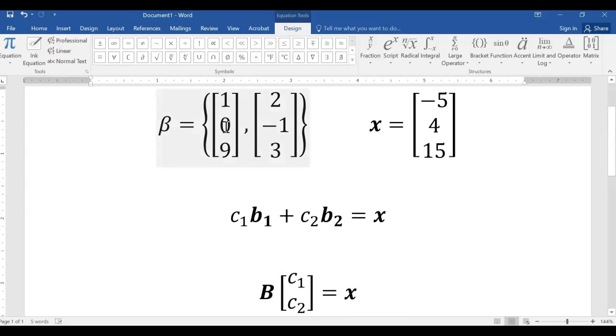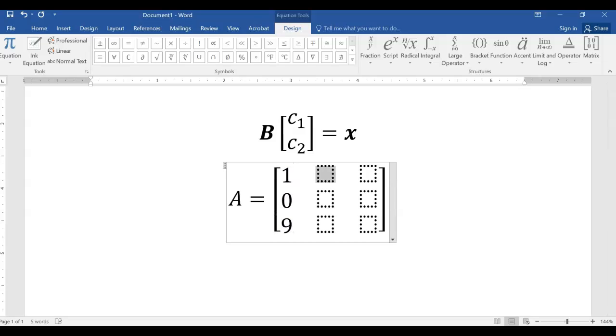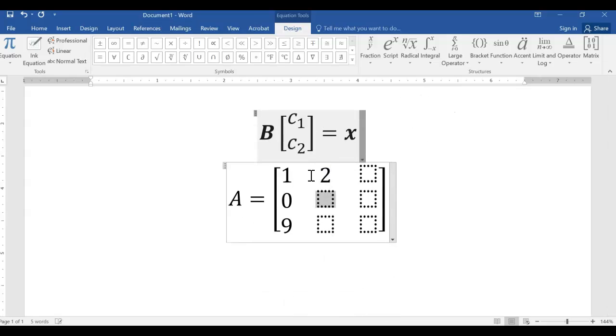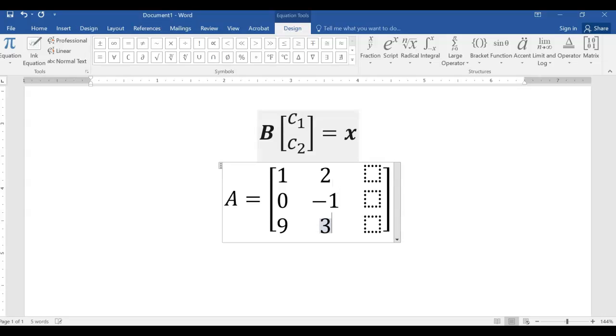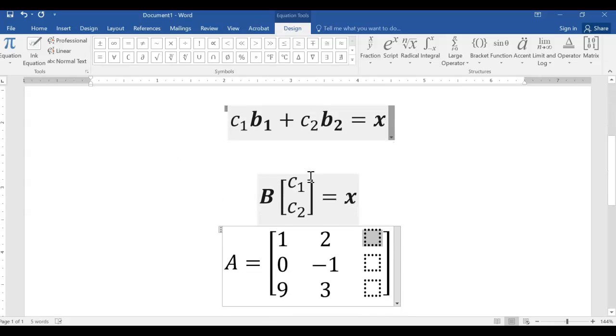So you go here 1, 0, 9. We're going to call that b1. My second vector 2, negative 1, 3. And then my vector x, which is negative 5, 4, 15.